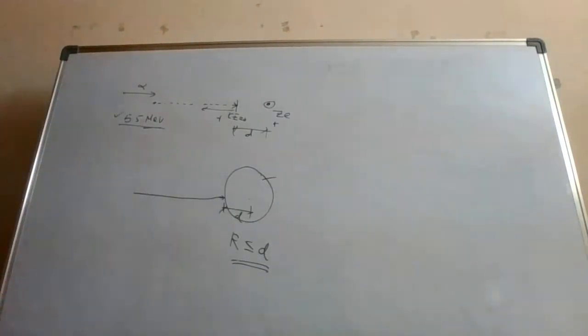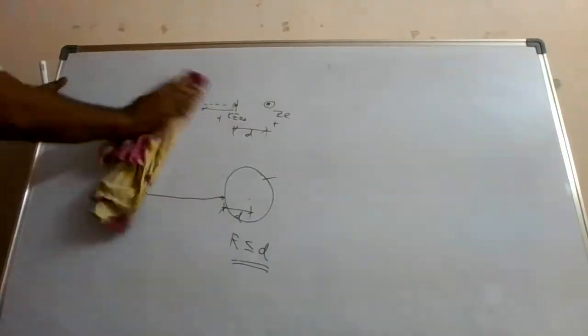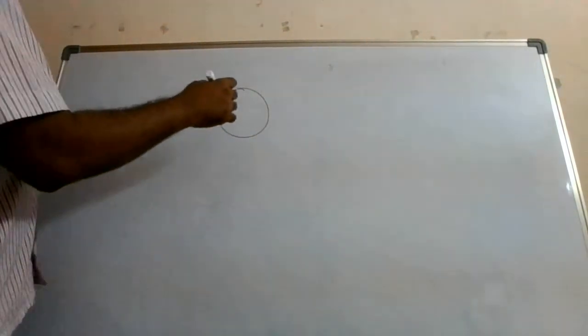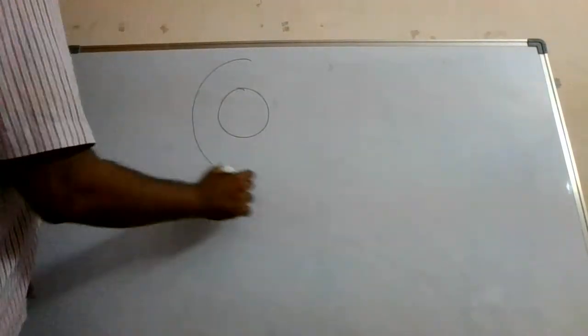but actually if you want to calculate its radius, how will we calculate? See, this is your nucleus, isn't it? So what is this nucleus made up of? So this was your atom.